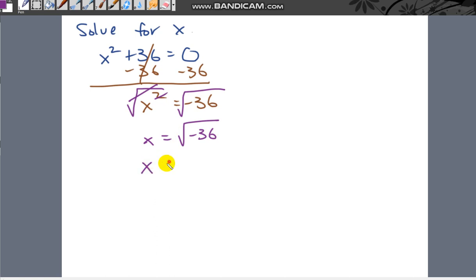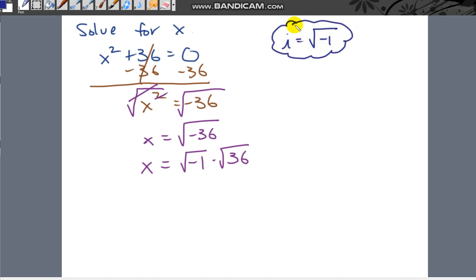Just like the little pattern I showed you earlier, this is the same thing as the square root of negative 1 times the square root of 36. Again, i equals the square root of negative 1, so do not forget that. So x equals i in front, and the square root of 36 is 6.